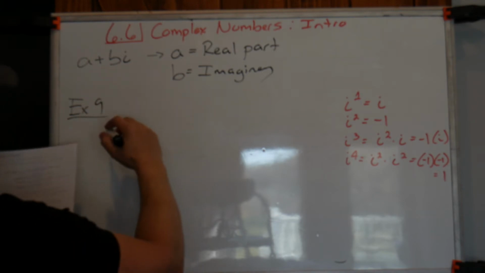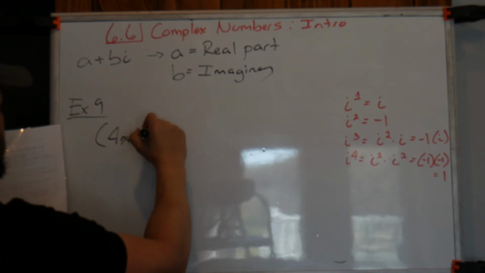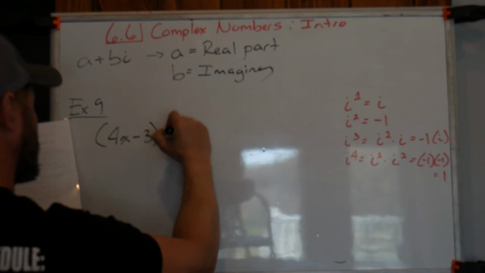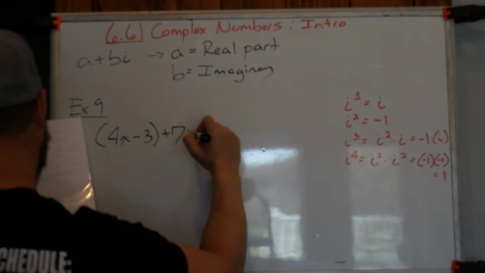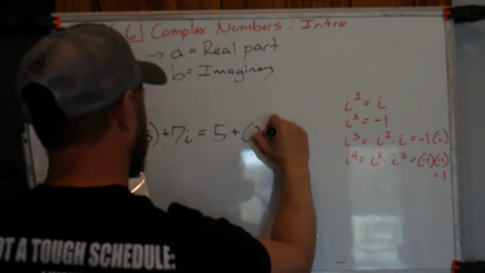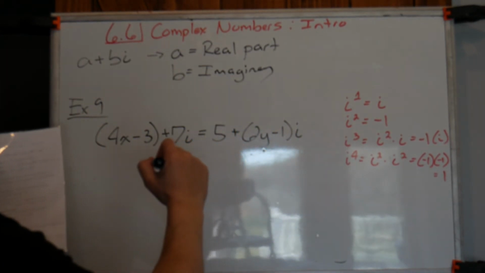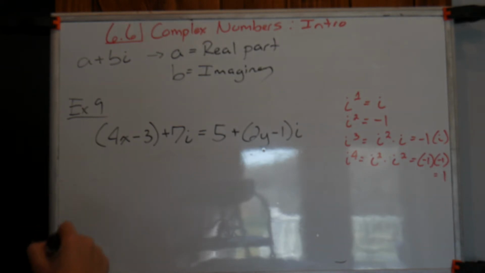Find x and y if 4x minus 3 plus 7i equals 5 plus 2y minus 1i. Okay, so we're going to distribute this.